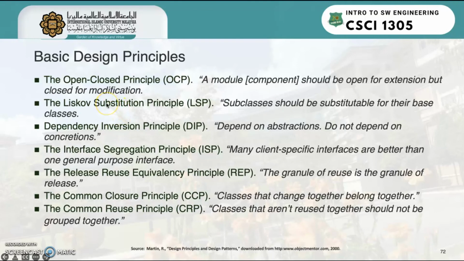So some of the recommended design principles for components, as recommended by Martin in Design Principles and Design Patterns, they have some principles that can be used as a guidance in order to design components.